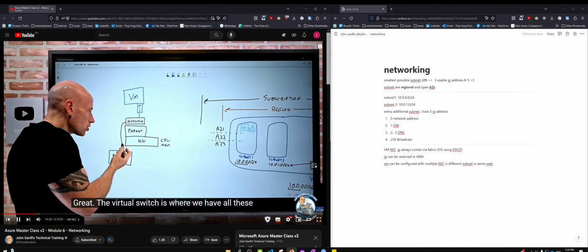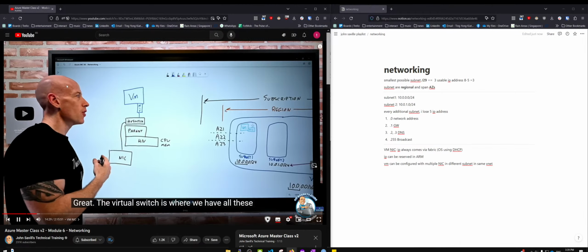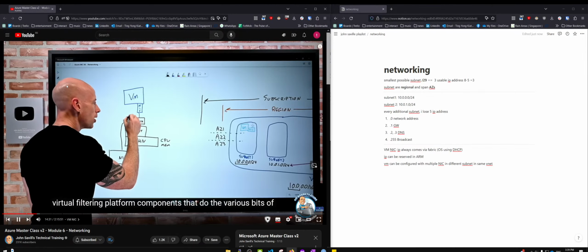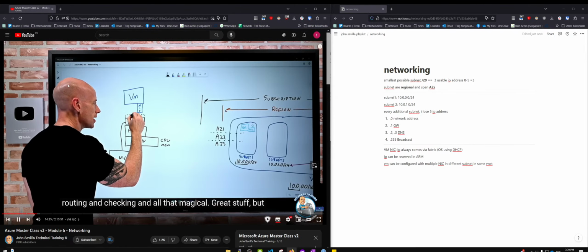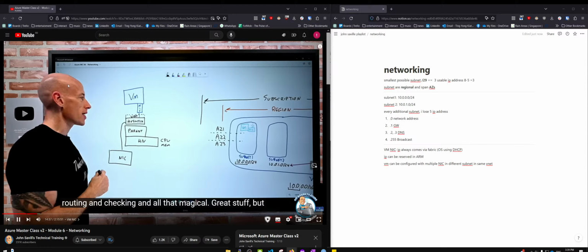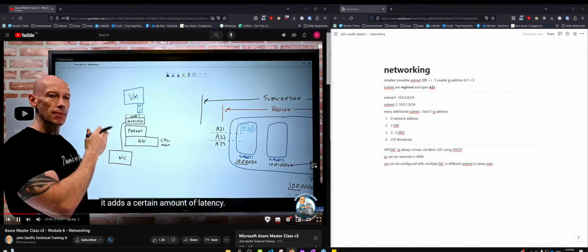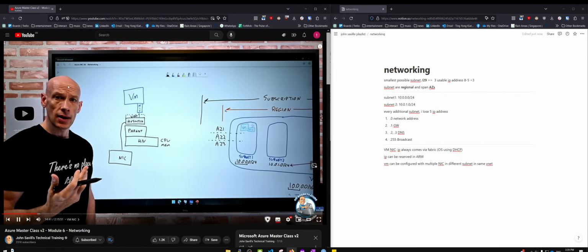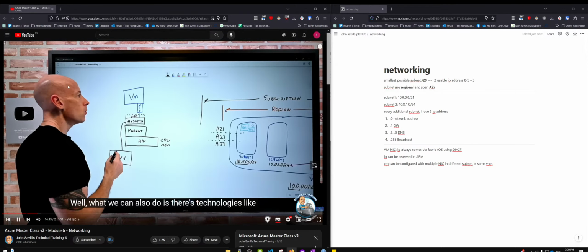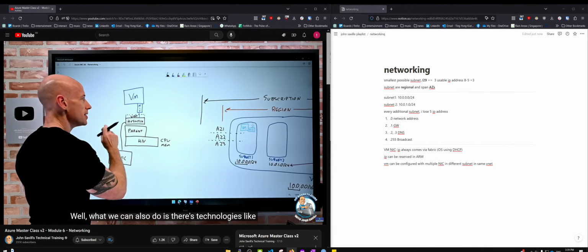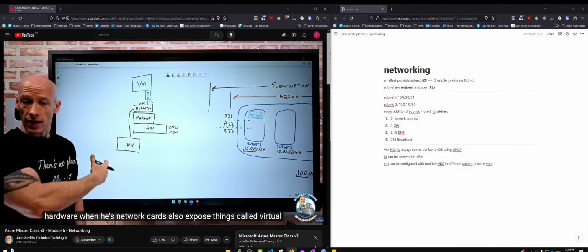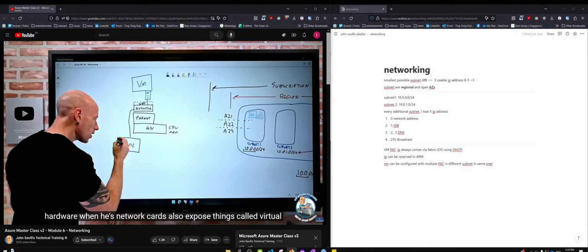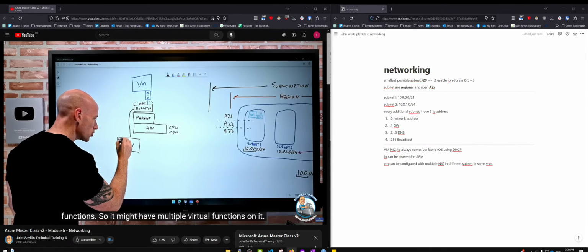Great. The virtual switch is where we have all these virtual filtering platform components that do the various bits of routing and checking and all that magical great stuff. It adds a certain amount of latency. Well, what we can also do is there's technologies like SR-IOV that exist in Hyper-V and in the hardware, where these network cards also expose things called virtual functions.